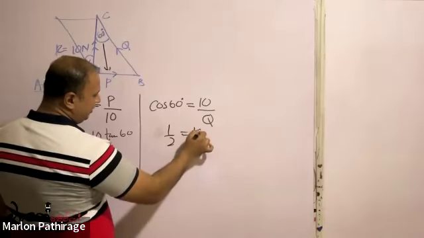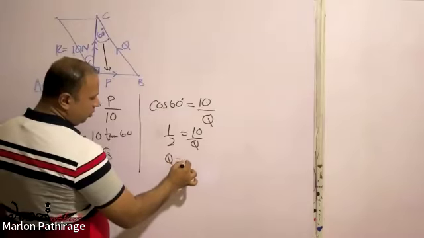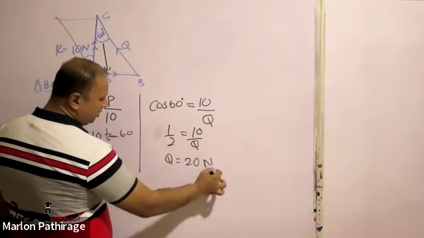Half is equal to 10 over Q. Therefore, Q is equal to 20 Newton.